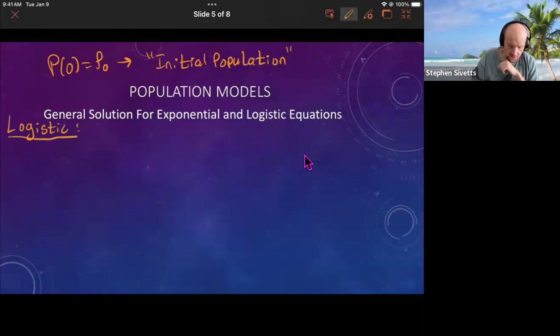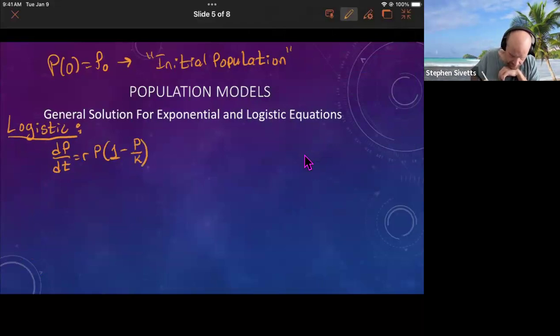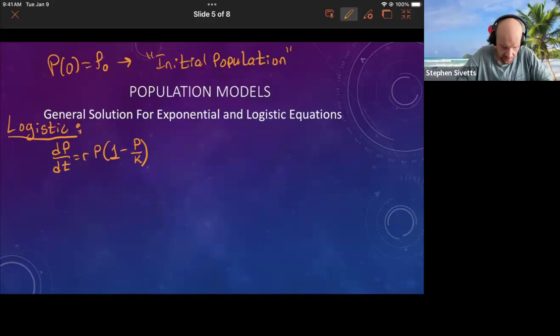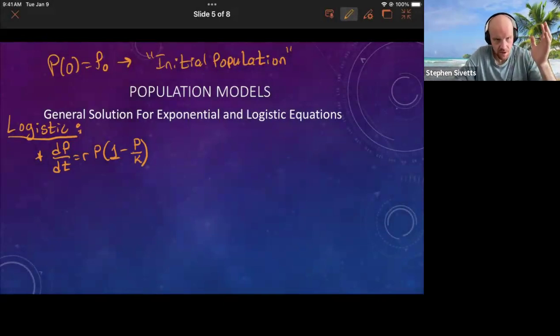R times P times 1 minus P over K. All right. So it's typically written out like this. There's many formulations. I'll go over the formulations of a logistic differential equation, but this here is the most common, right? The most common formulation.